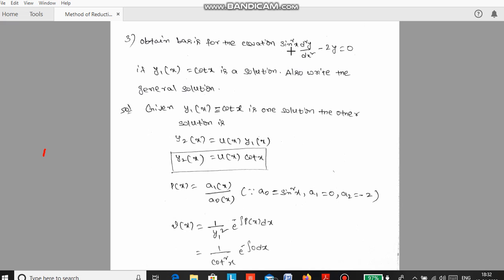Observe the equation. A naught of x value is sin square x and here there is no dy by dx coefficient, so a1 is equal to 0 and a2 is equal to minus 2.